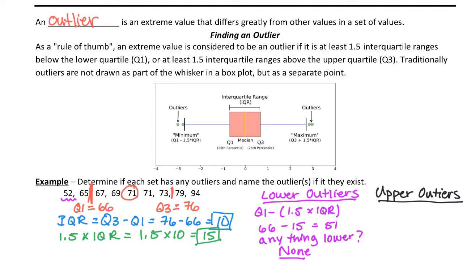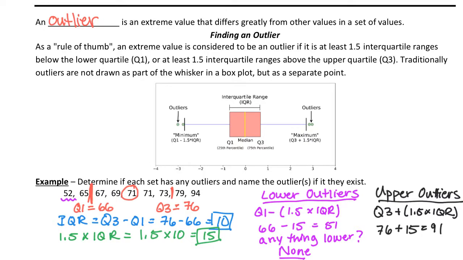Now we need to check the upper outliers. To find the upper outliers, we want anything above the 3rd quartile. So we're going to add that 1.5 times the IQR in this case. 76 was our upper quartile, plus the 1.5 times IQR is 15, so that gives us the value of 91.